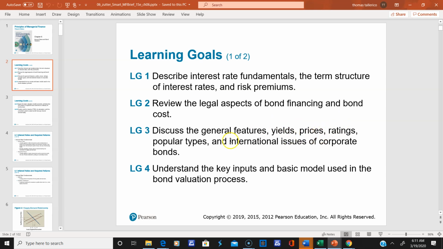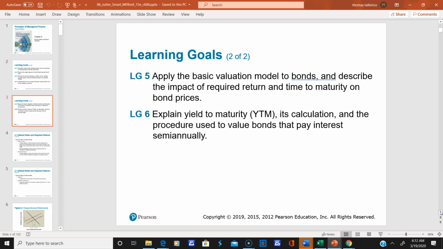And we'll talk about bond ratings, which, as you may have heard me mention, things called junk bonds or high yield bonds, and that all comes about because of these ratings. And there's many different types of bonds. And again, most important, we'll talk about bond valuation. The equation for a bond, and I'll show you in Microsoft Excel how to get the price of a bond. Microsoft Excel will come in very handy.